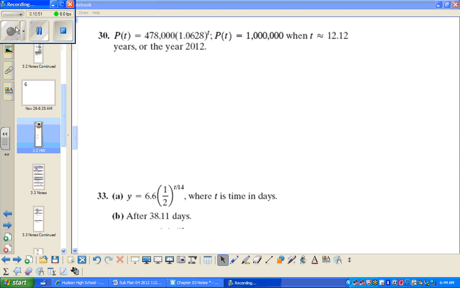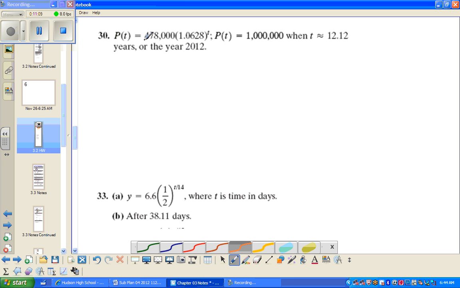For number 30, just a word problem where you're setting up the problem. You're told the 2000 population in Las Vegas is 478,000 and is increasing at a rate of 6.28% each year. So your initial value is that 478,000, and it's increasing at 6.28%.